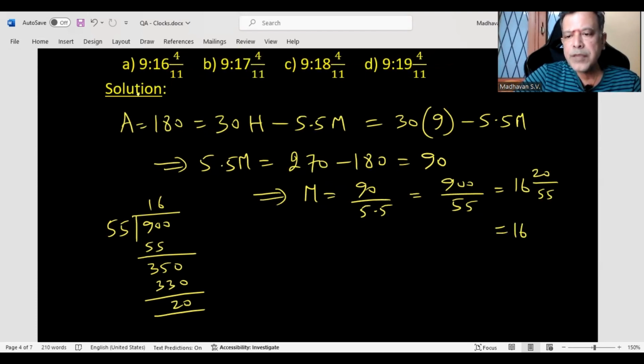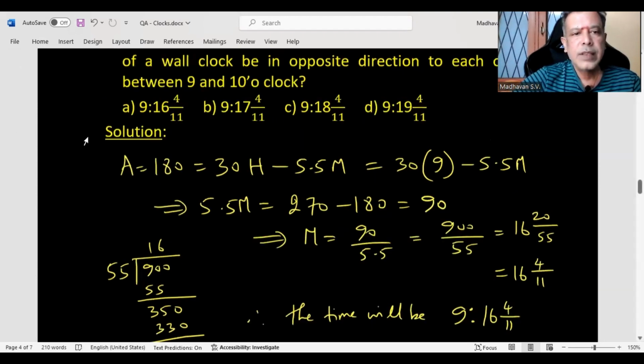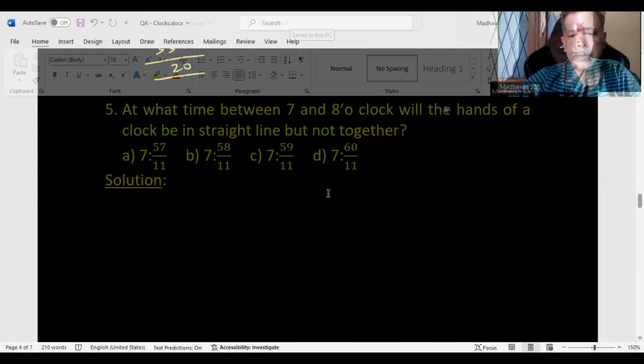Both are divisible by 5. So 5 4s are 20, 5 11s are 55. Therefore, the time will be 9 hours, 16 4 by 11 minutes. And where is that? It is option A, our right option. Let us move on to the next question.